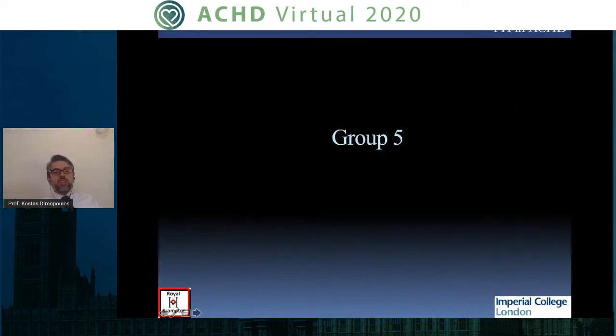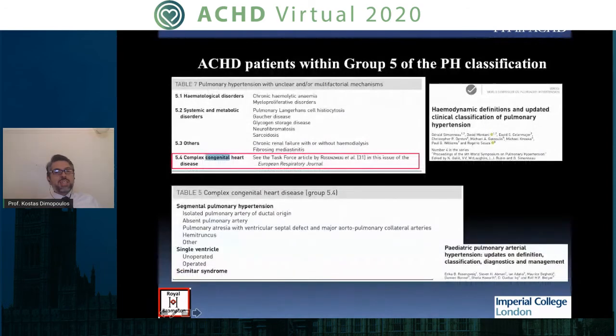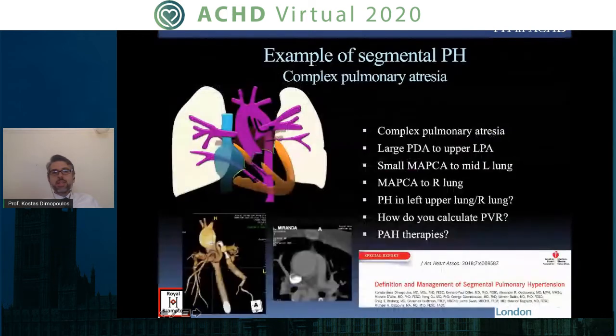Very few words on group 5, which is an interesting group that was inserted in the classification recently, in 2018, at the World Symposium. In group 5, with multifactorial mechanisms, complex congenital disease was added, including segmental pulmonary hypertension, the single ventricles of Fontans, and scimitar, with a little bit of a question mark still.